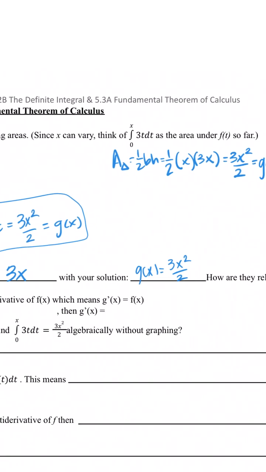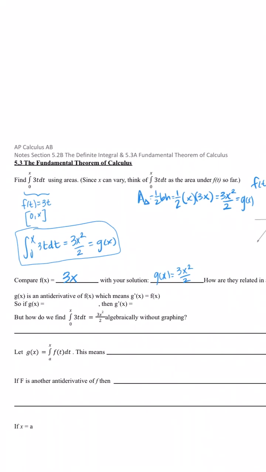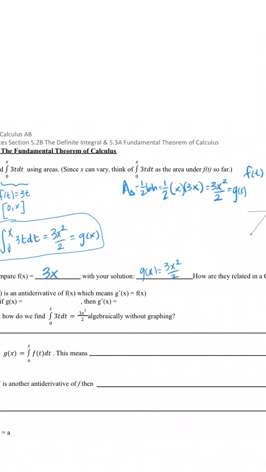We want to think about how they are related to each other in a calculus sense. And I'm hoping that you're thinking about derivatives. If we take the derivative of g, we'd have 3 times 2x all over 2, which is 3x. Woohoo! That's a super important relationship.